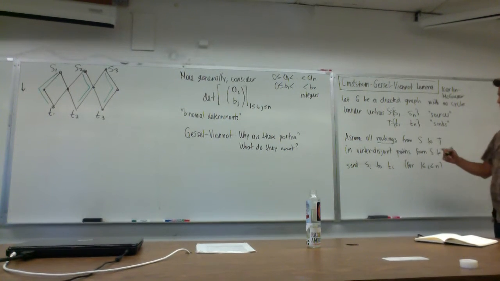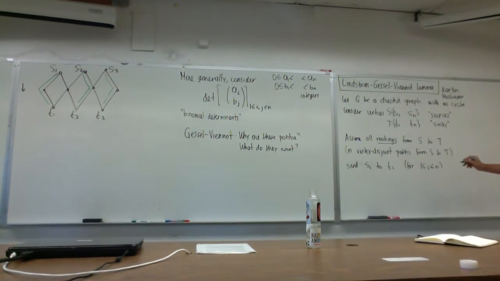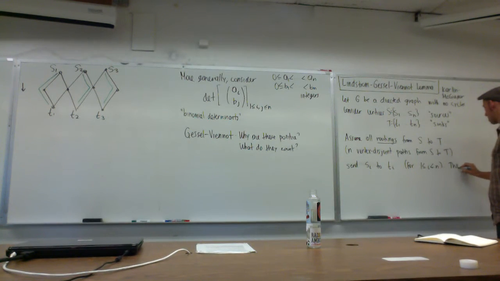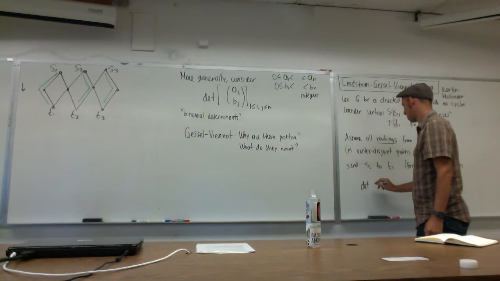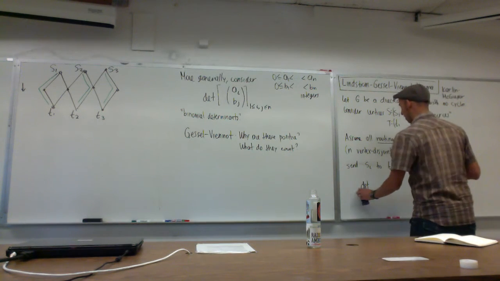Okay, so this is a property that the graph might have, and if it does have it, then the determinant... Oh, I forgot to say.